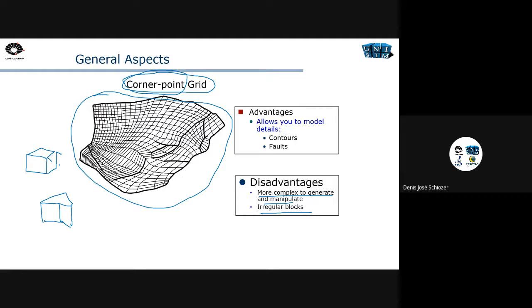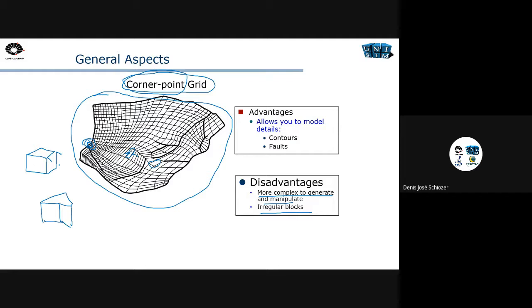I don't know if we have a problem in this example, but let's assume, for example, this region here. You can see that I have blocks that are big like this, or like this, and there are some blocks here that are very small. As we are going to see in the equations and in the solution of the equations next week, when I write the conservation equations, big blocks will be much easier to solve than smaller blocks.